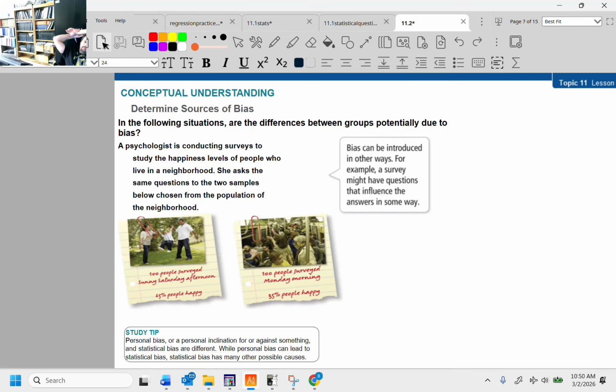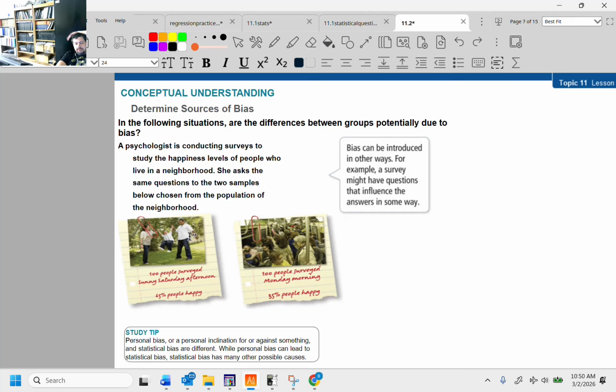All right. Determine sources of bias. In the following situations, are the differences between groups potentially due to bias? So a psychologist is conducting surveys to study the happiness of people who live in a neighborhood. She asked the same questions to the two samples below, chosen from the population of the neighborhood. So both of these pictures represent people who live in a neighborhood.